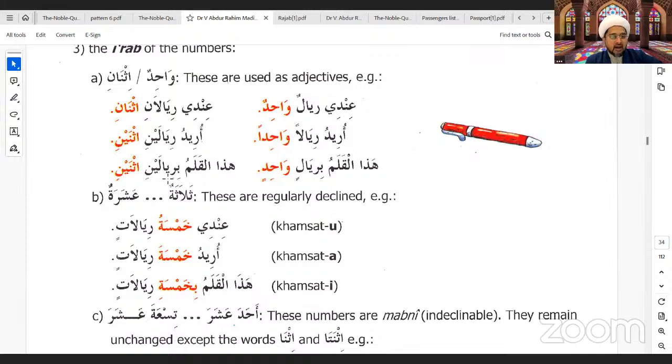So here ريالين اثنين, the dual nouns, when they are in the state of nasb and jar, the i'rab is the same, but of course you understand ba is a preposition. In rialaini, it's the urido verb, which is fi'l fa'il, and rialaini is the object. But in this case, هذا القلم, this pen, بريالين اثنين, this pen is for 2 real.